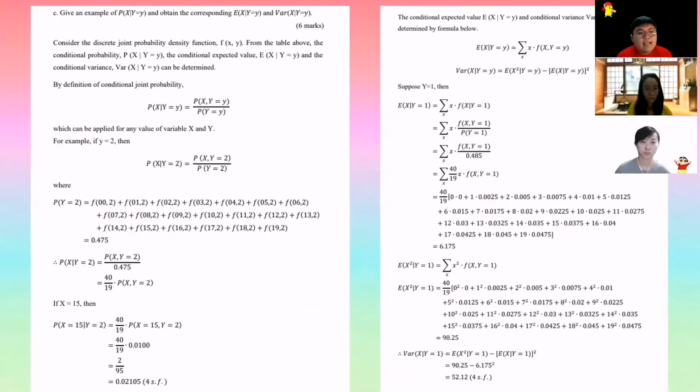So for example, we take the value y equal to 2. Then we can calculate the marginal probability of y equals 2, which is also shown in the table, 0.475.